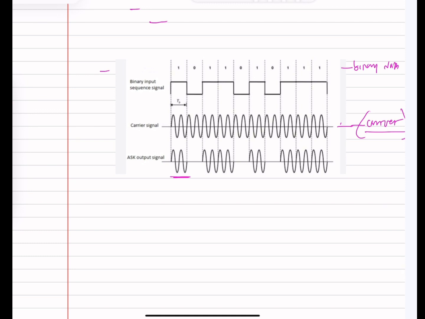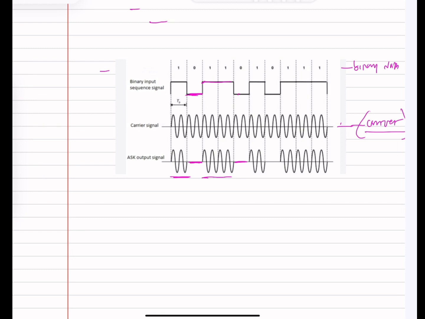Whenever there is 0, it will attenuate everything. As you can see, everything has been attenuated here because this part of the binary data is 0. Where the binary data is 1, 1, it is transmitting, and because here it's 0, it attenuates everything. That's how binary ASK works. This is a graphical representation of binary ASK.